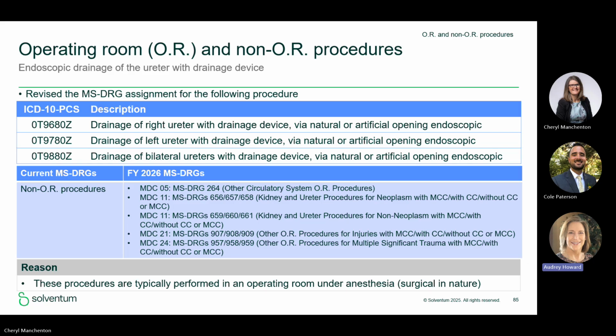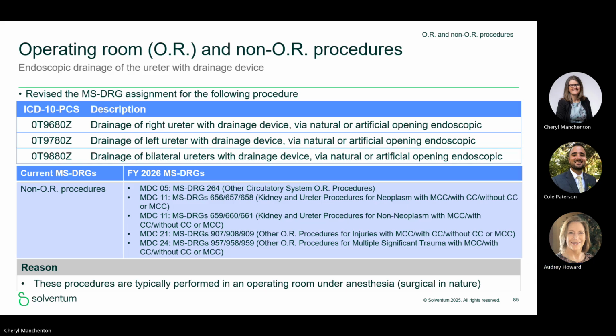The reason for this is that these procedures are typically performed in the operating room under anesthesia. So they're surgical in nature, so they are now adding them to the OR procedures that will impact your DRG assignment. Of note, I think these always did impact the APR DRG assignment, moving them to the surgical side. So now the MS-DRG is making that consistent.